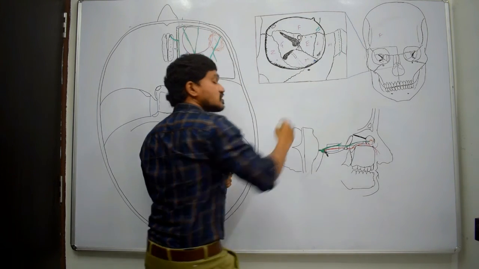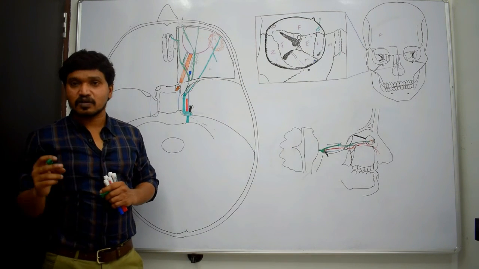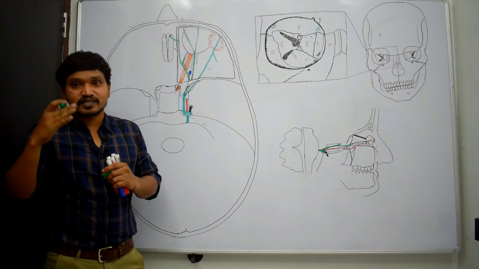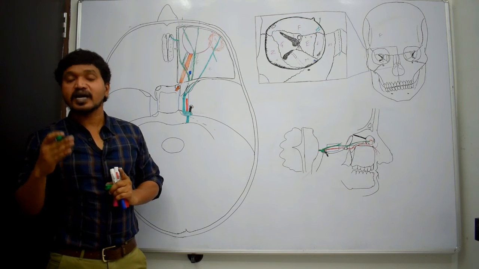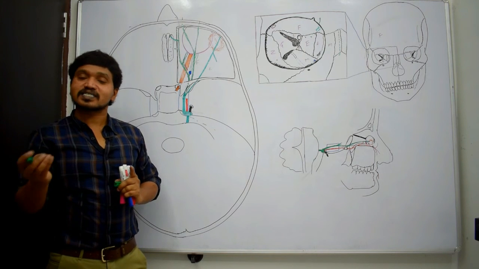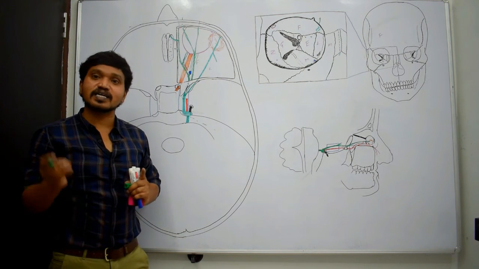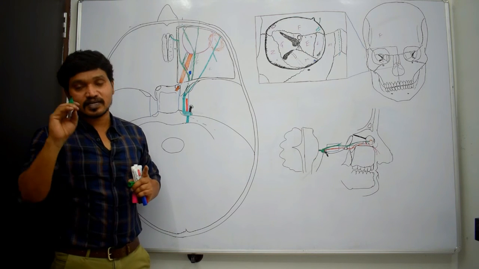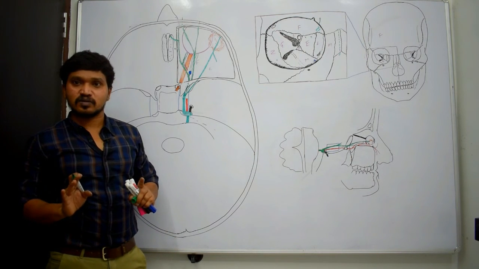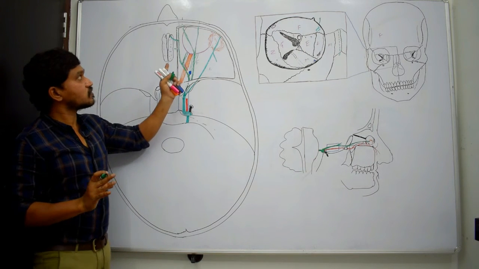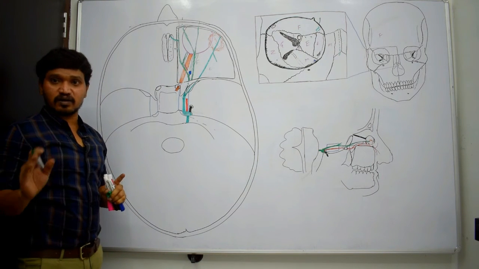Then it emerges below the lower border of the nasal bone, that means between the nasal cartilage and the inferior border of the nasal bone, and continues as the external nasal nerve. This external nasal nerve supplies the lower part of the nose. So that is about the anterior ethmoidal nerve.